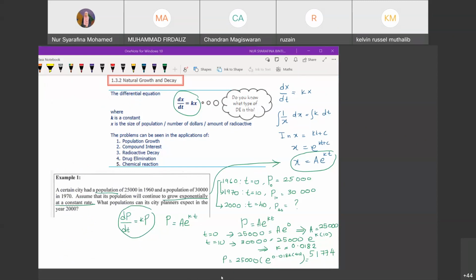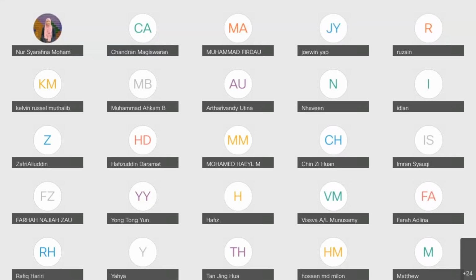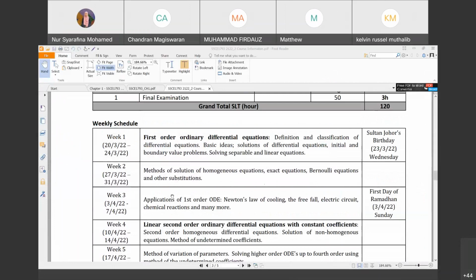So basically, we have done with the first week, last week, for definition, basic terminologies, then solution of differential equations, initial condition, boundary condition. Then we have done with solving separable, linear, homogeneous, exact, and Bernoulli, and use of substitution.